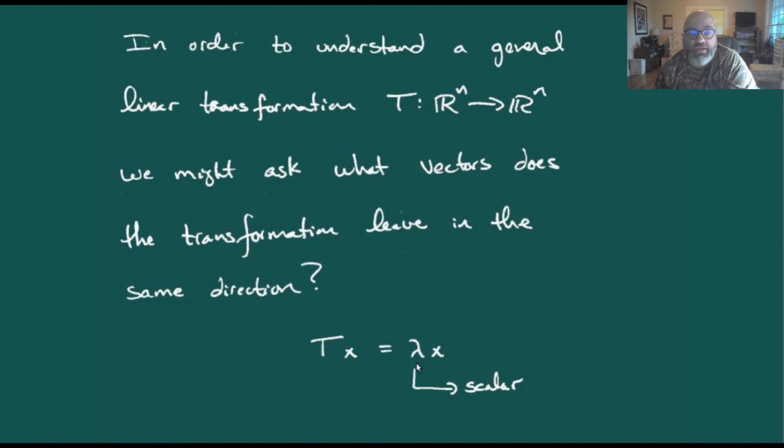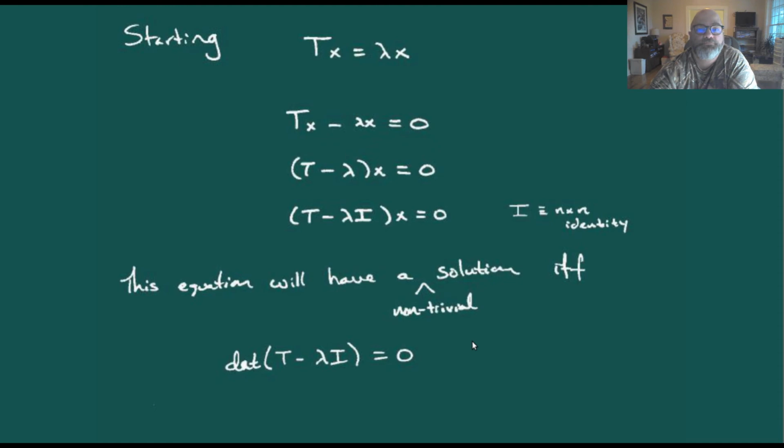So it's maybe lengthening it, shortening it, maybe reversing its direction, but we're not changing to a different direction. We're just maintaining the direction we have, or the opposite of that direction. And so that leads us to this natural equation, T of x is equal to lambda of x.